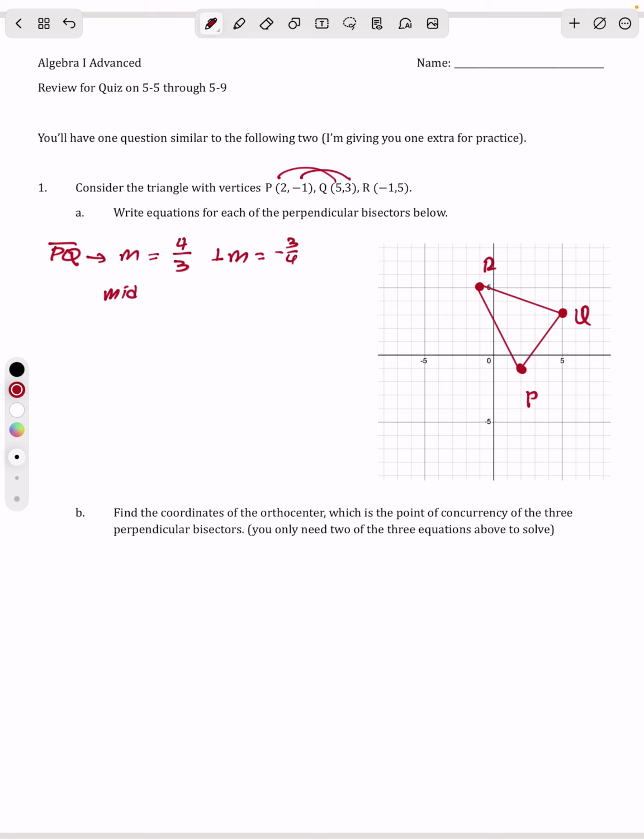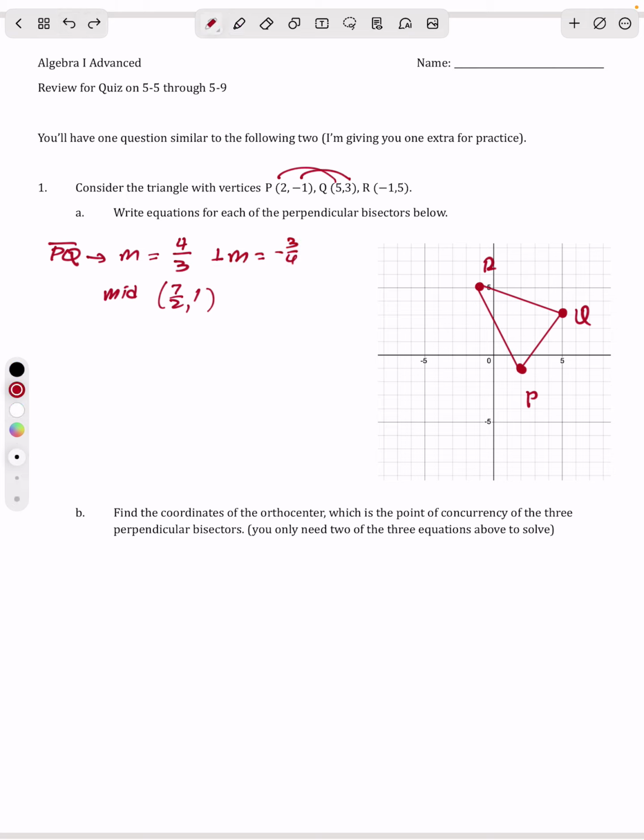So the average x here is going to be 7/2, comma, the average y is 1. And therefore, I want this slope and this line. So I can use point slope form to do that, and I will.